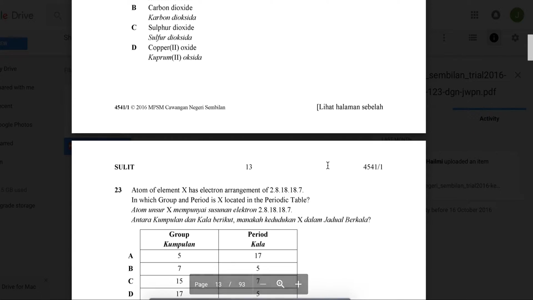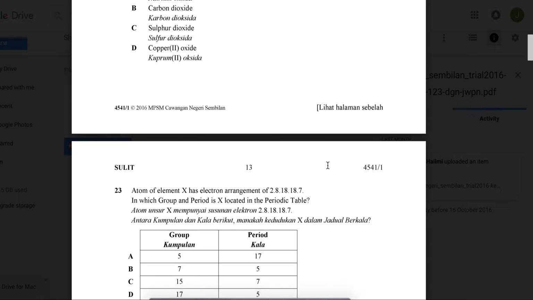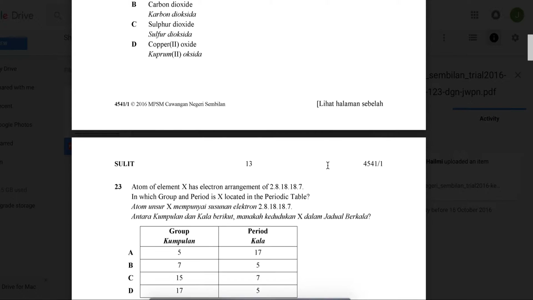Awesome question. Atoms of element X have an electron arrangement of 2.8.18.18.7. Why do these elements have 18 in the third and fourth shell? Let's not bother about that yet. In which group and period is X located in the periodic table?